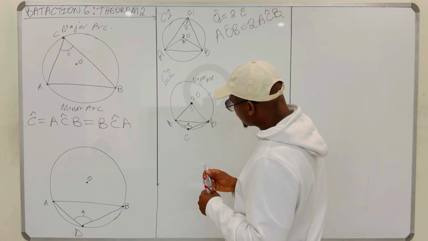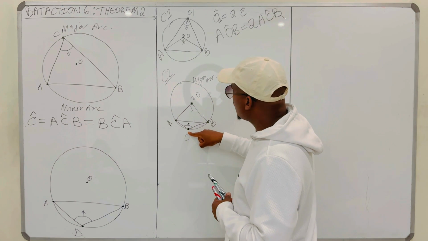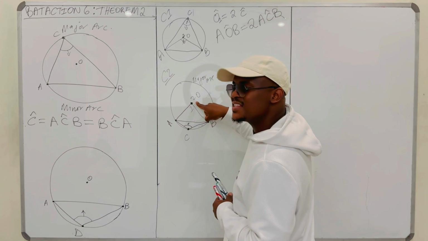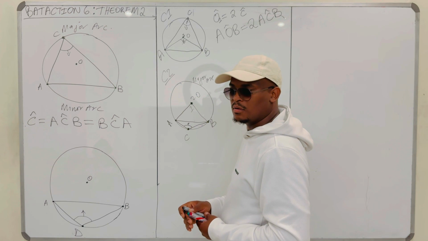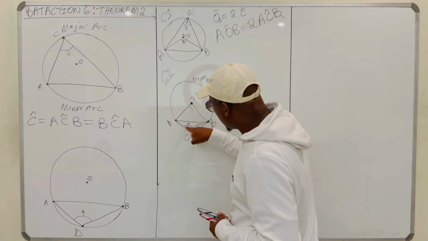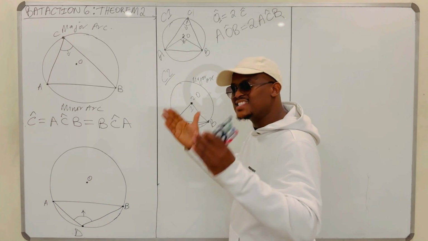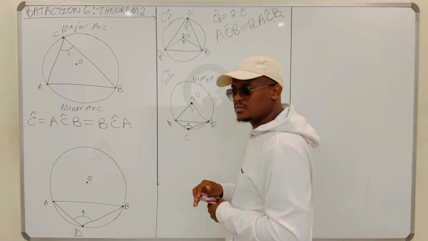Angle C is subtended by major arc AB, which is this arc up here. Which means if you see another angle subtended at the center, it's also subtended by the same major arc. You will not say here is a major arc because it's pointing upwards, and then here change the rules. It's the same thing of subtending. It's either your major arc or your minor arc. That's it.